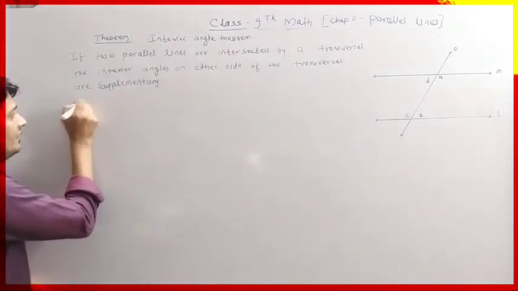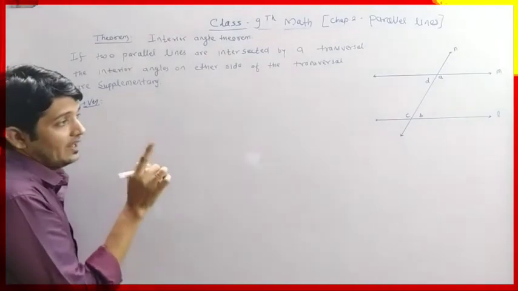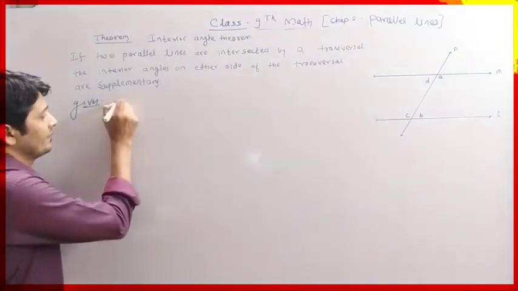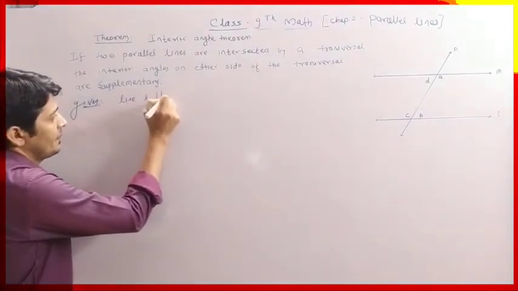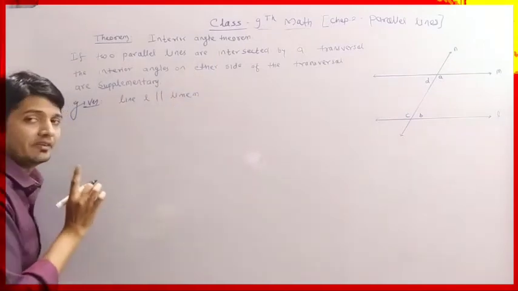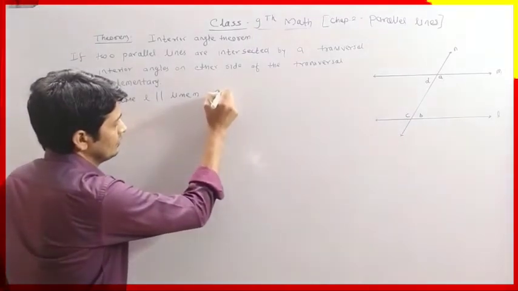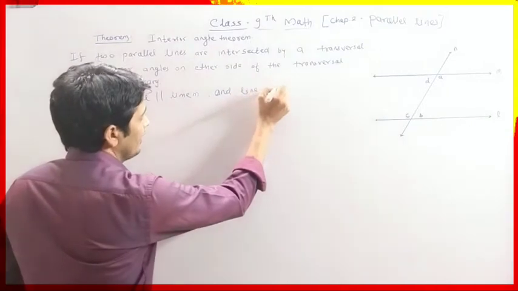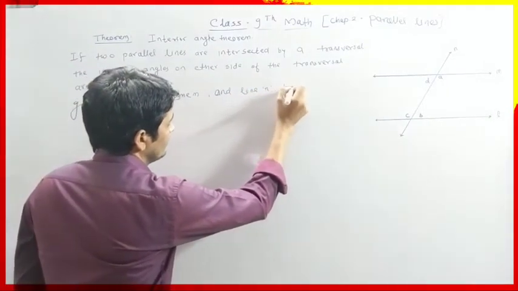So what is given? Given: line L and line M are parallel lines. So line L is parallel to line M. It is given, and line N is a transversal line.